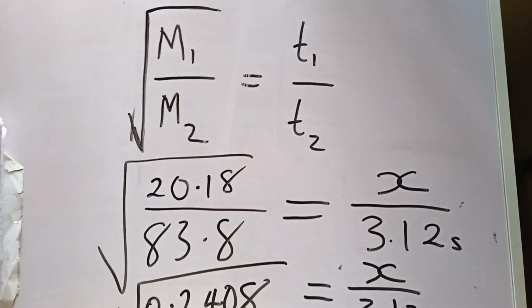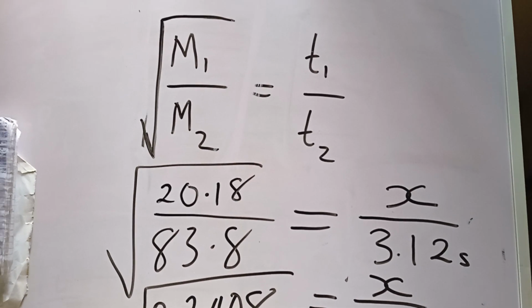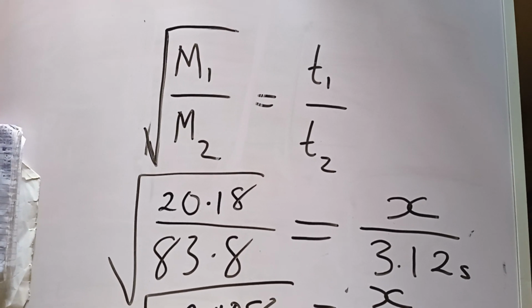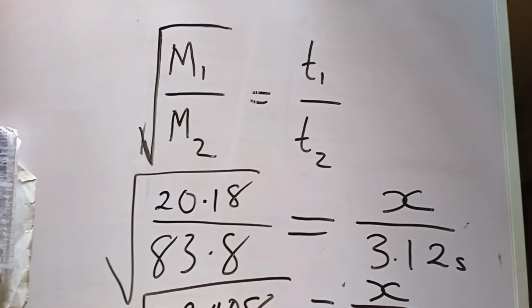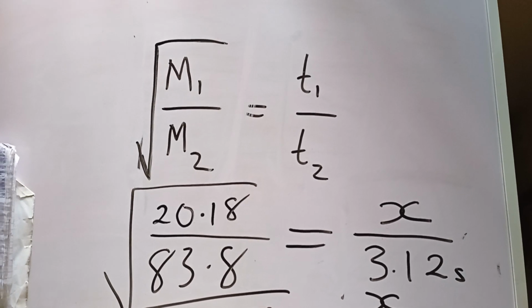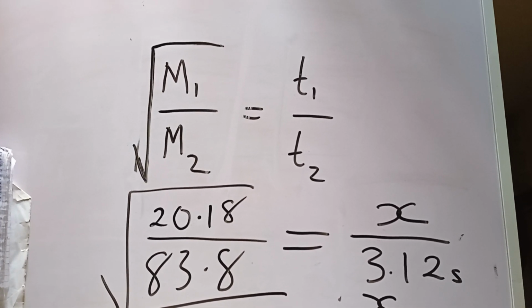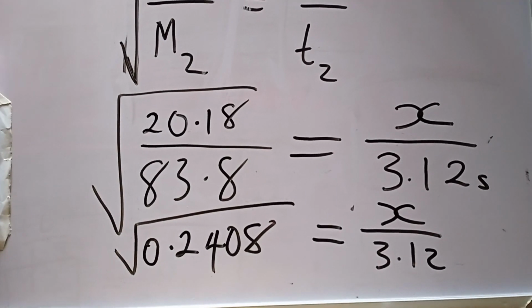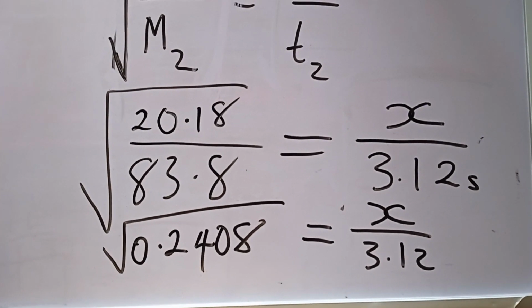So the formula is supposed to be square root of molar masses equals T1 over T2 without a square root. Pardon. So it's the same thing as the rates, but time is directly proportional. Why rate is inversely proportional. It's supposed to be this way. So when you do this very well, you're going to have this.